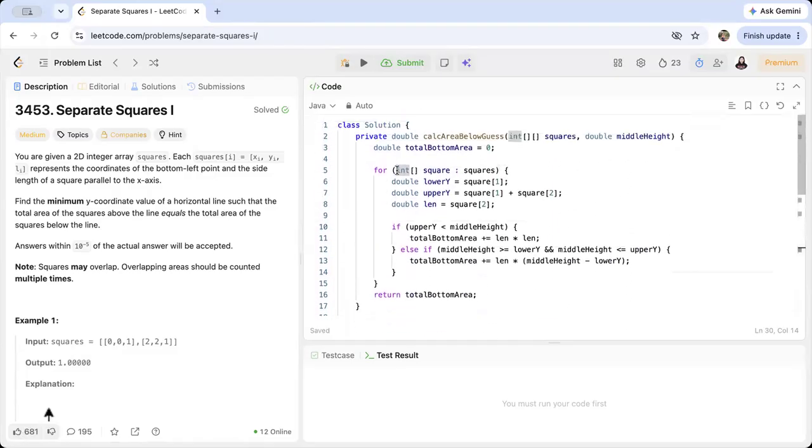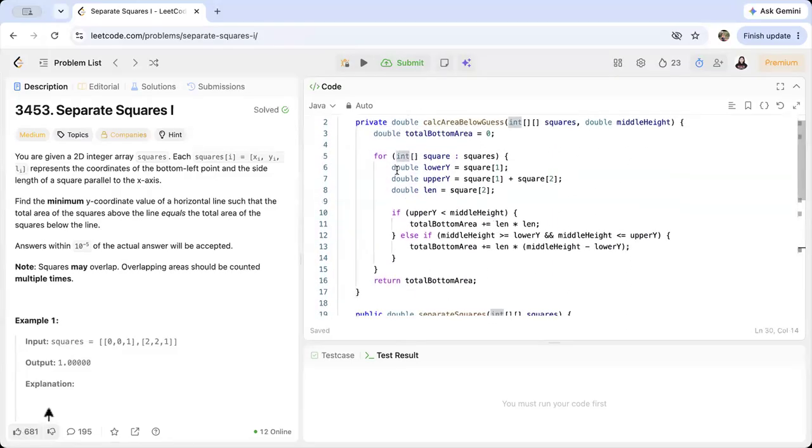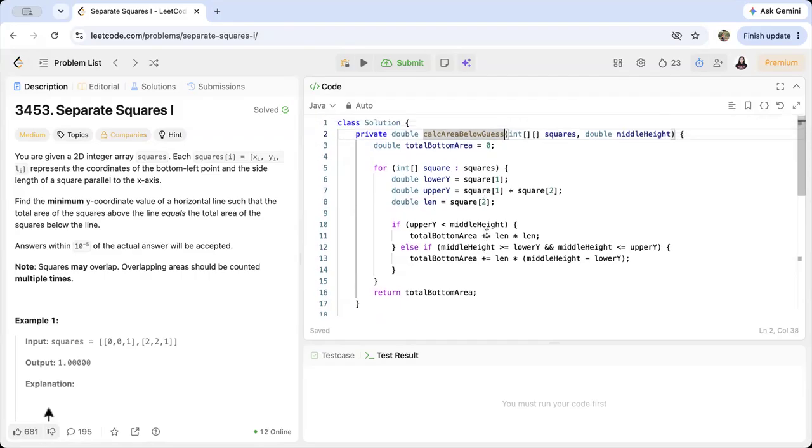And then here what we've done is calculated the area below the guessed line. So there's this middle height. If my square is entirely below this height, then we calculate the entire area of the box, which is length into length.